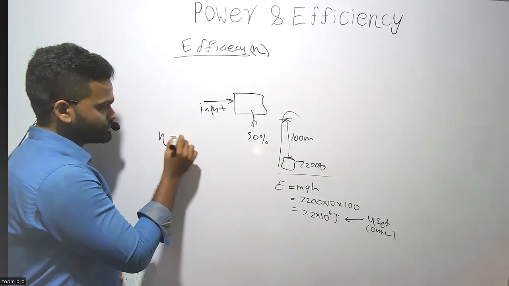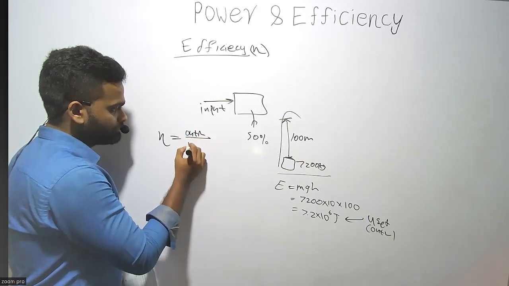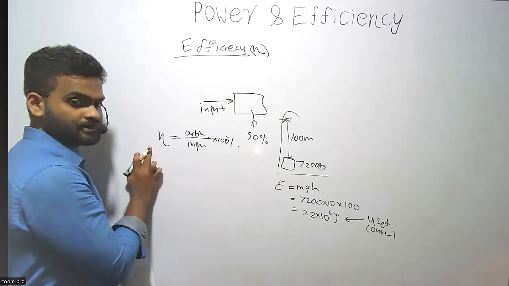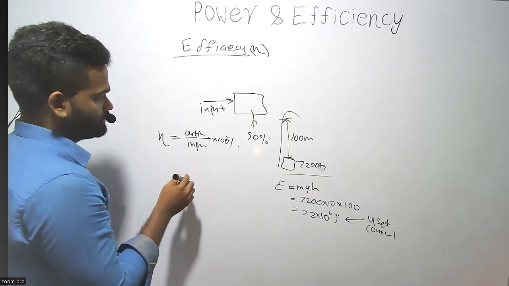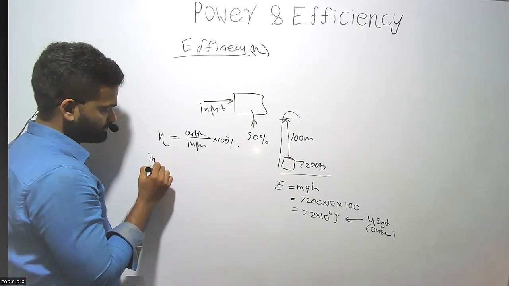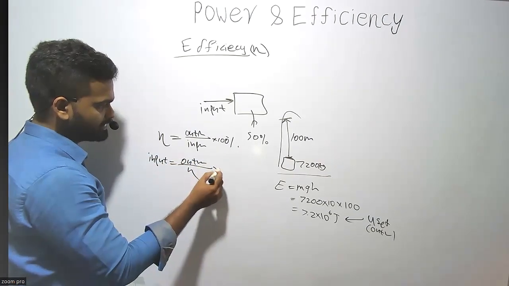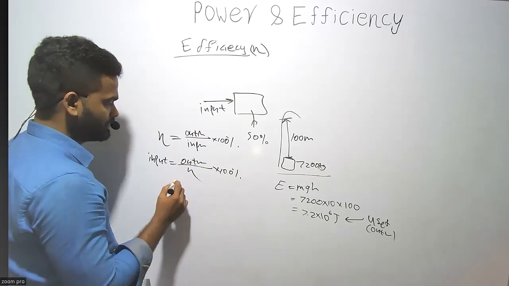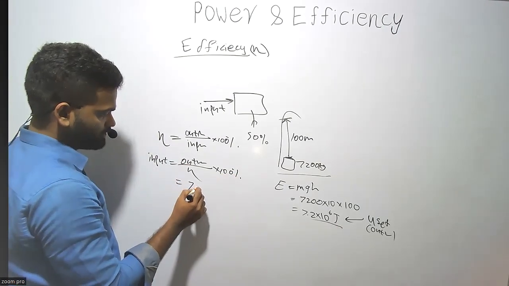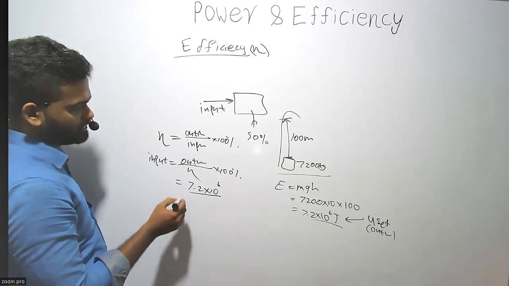And this is the equation: output divided by input times 100% is the efficiency. What they ask is the input, so I can cross multiply this. Input is equal to output divided by eta times 100%. The output is this much, 10 to the power 6, divided by eta.